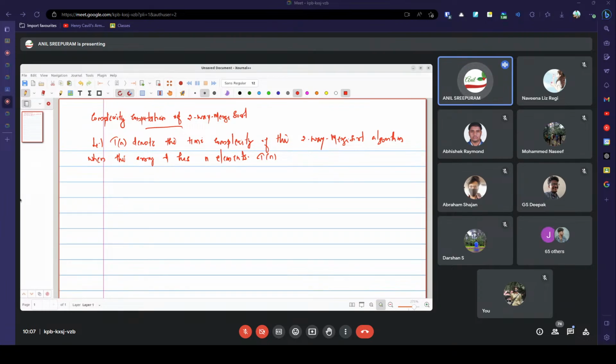And for the easiness of complexity computation, I assume that our value of n is a power of 2.